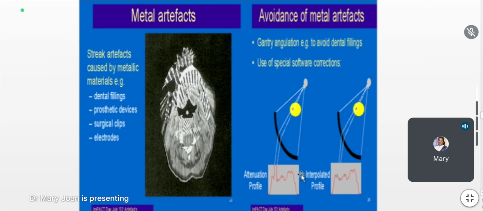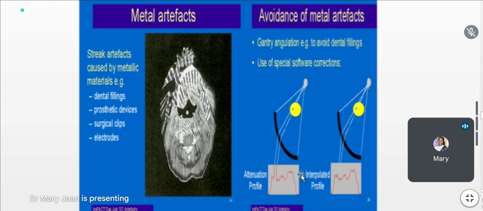And metal artifacts: streak artifacts caused by metallic materials present, and this could be due to dental fillings, prosthetic devices, surgical clips or electrodes. Avoidance of metal artifacts is by gantry angulation to avoid dental fillings in the imaging field, or use of special software corrections.